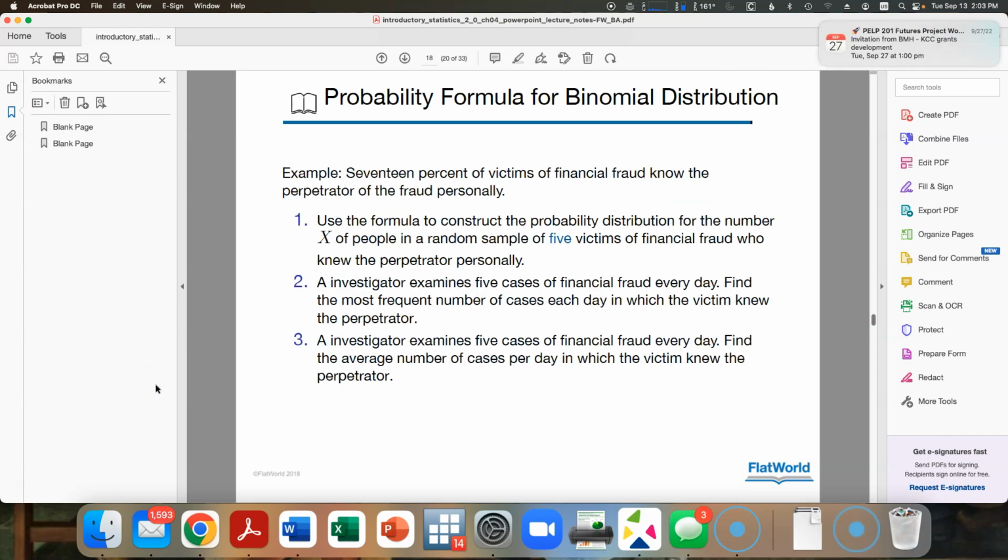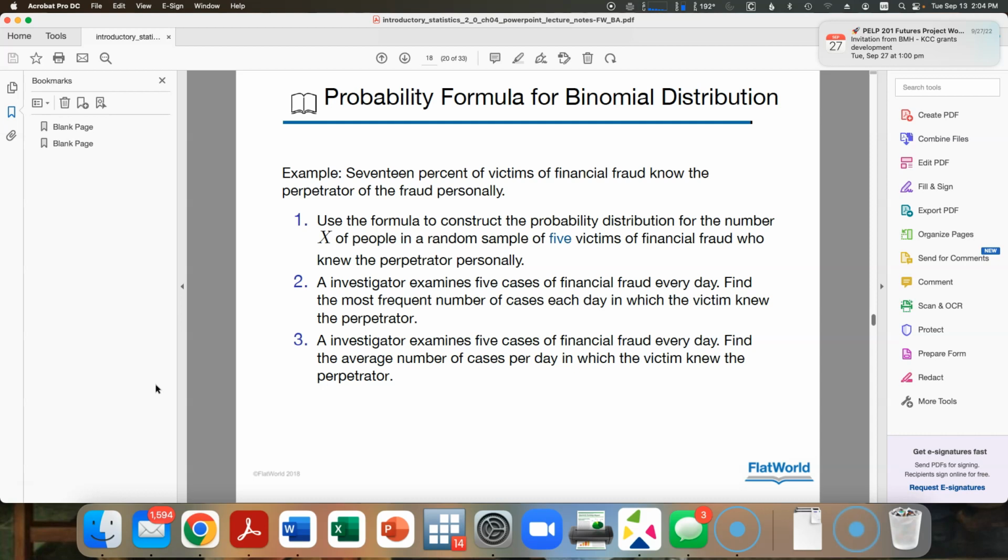Okay, picking up on this. So again, what we have here is a binomial distribution. Either someone is a victim of financial fraud or not. We know that 17% of these victims of financial fraud know their perpetrator, the person who defrauded them, personally.